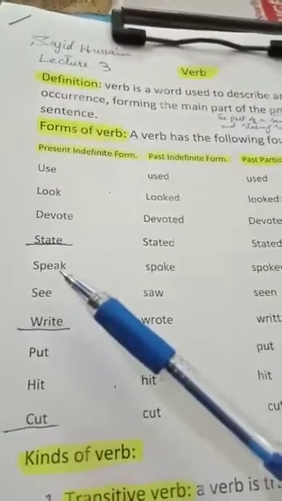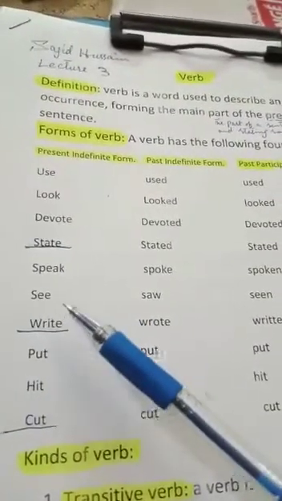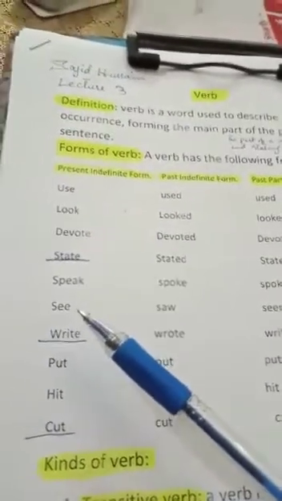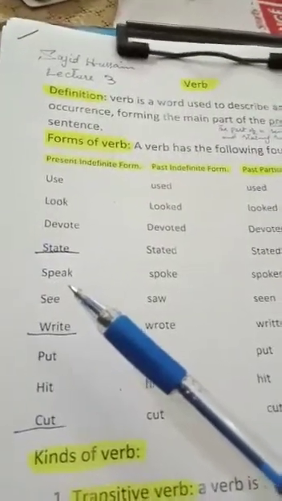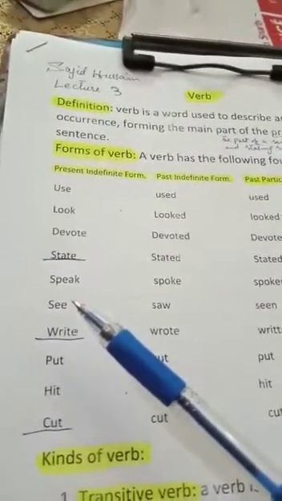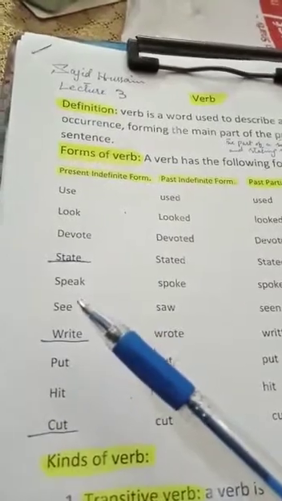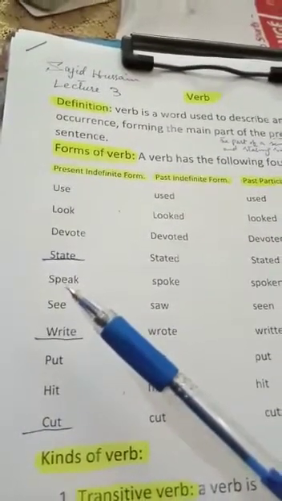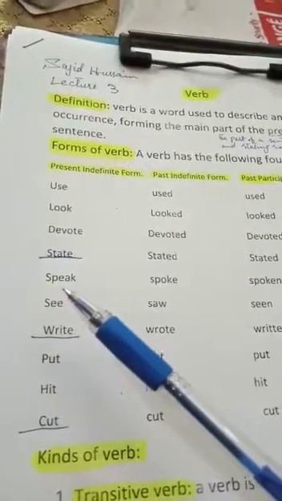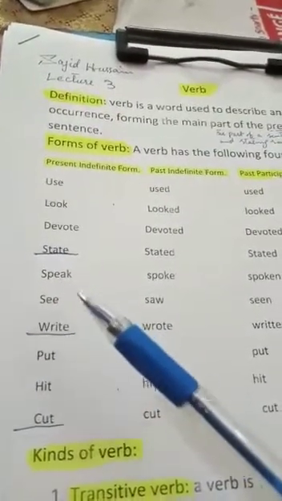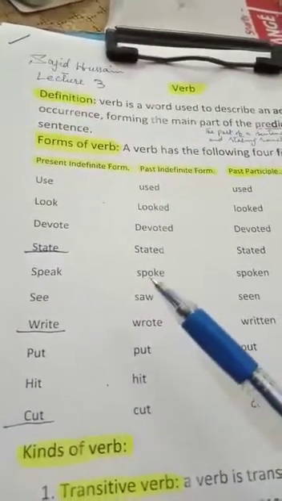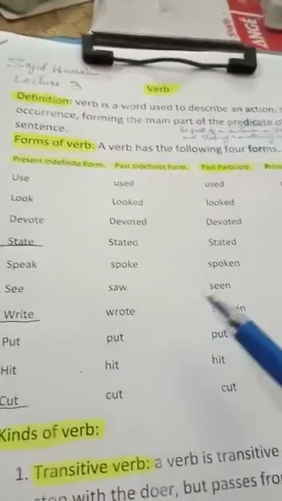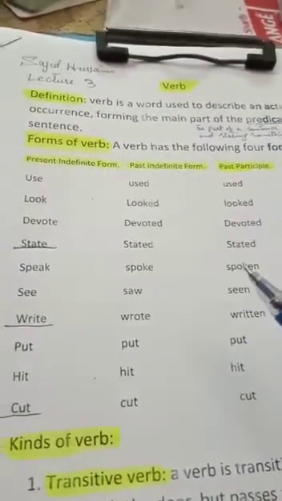These three verbs, speak, see, write, follow a bit different pattern to develop their past indefinite and past participle forms. The first form, present indefinite form of the verb speak is speak. Its past indefinite form is spoke, different, and its past participle form is spoken.